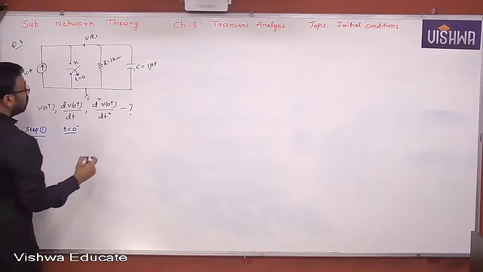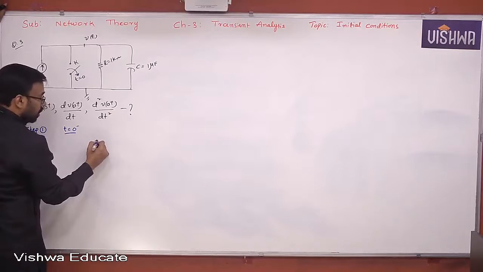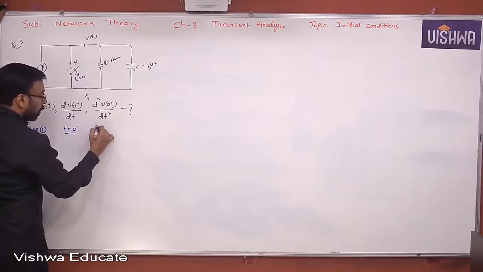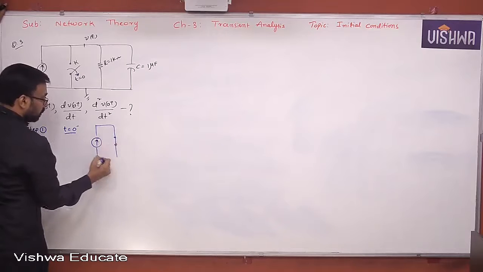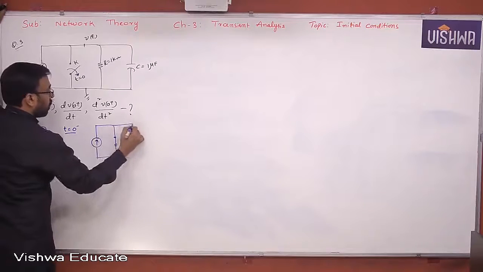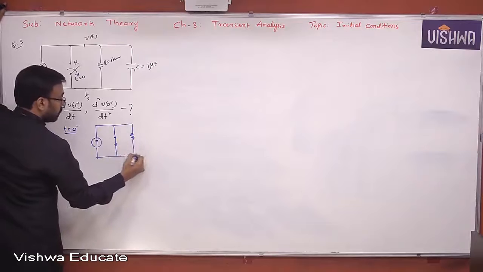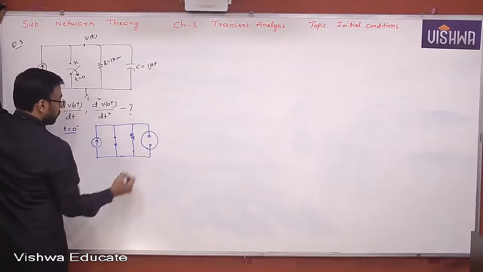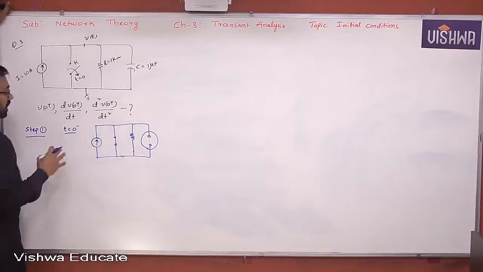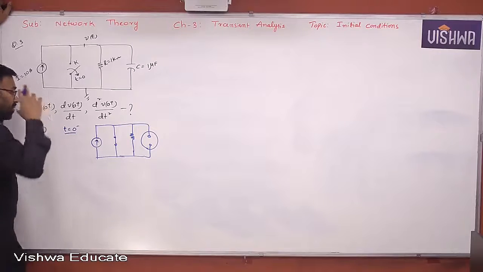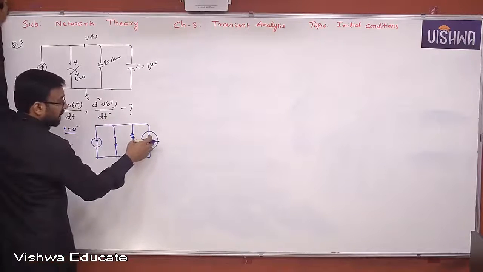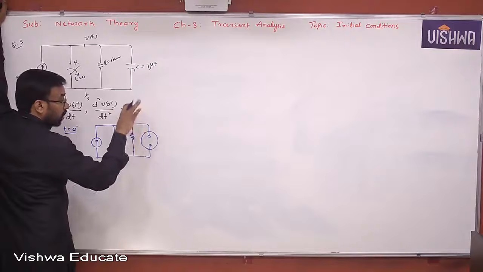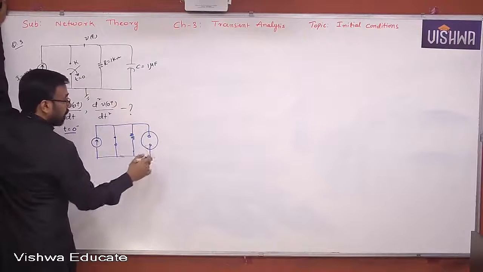Now tell me how the network looks. Closed. Resistor. Capacitor is acting like what? Open circuit. What is the objective in the first step all the time? Always your concentration must be on voltage across the capacitor and current through the inductor. Of course, there is no inductor, but there is a capacitor.